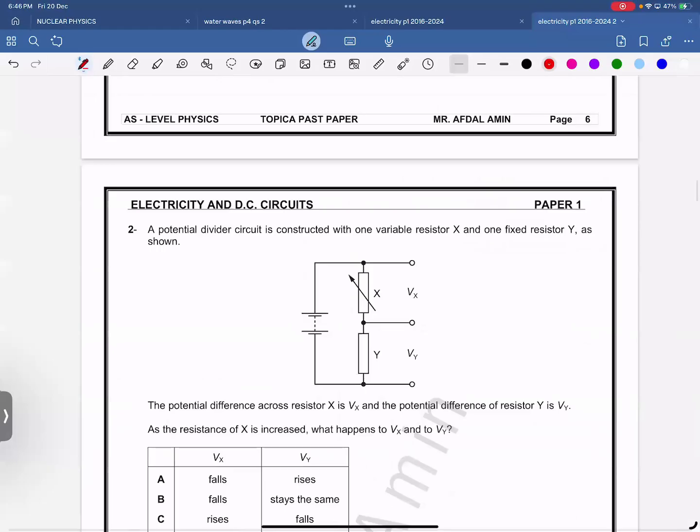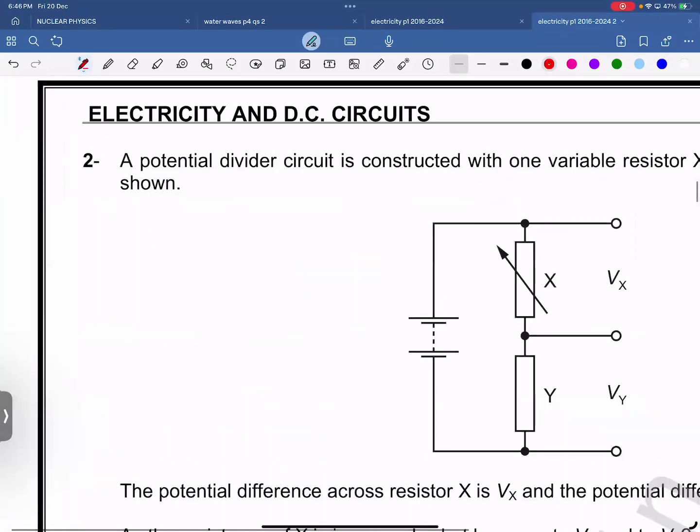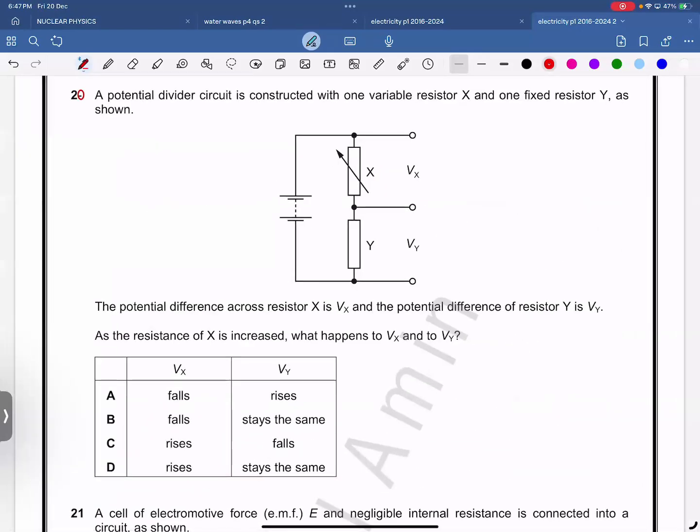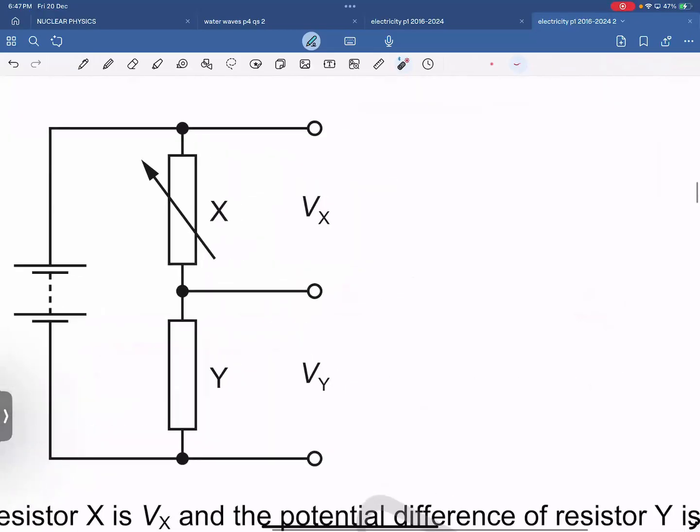Question number 20. Potential divider circuit is constructed with the variable resistor X and a fixed resistor Y. Okay, the potential difference across X is Vx and Y is Vy. If resistance X is increased, what happens? Don't look at the options.